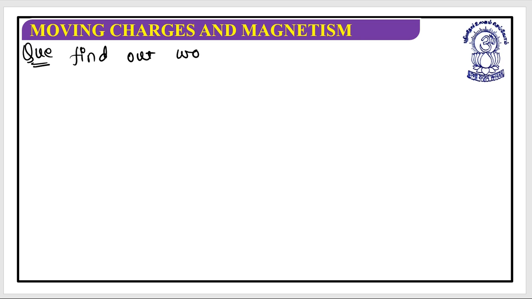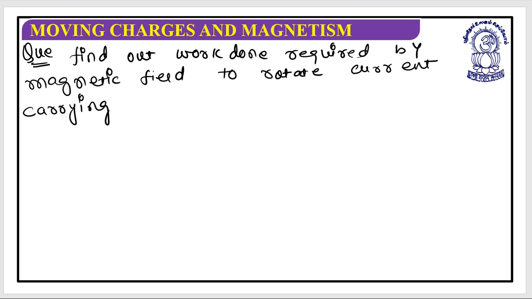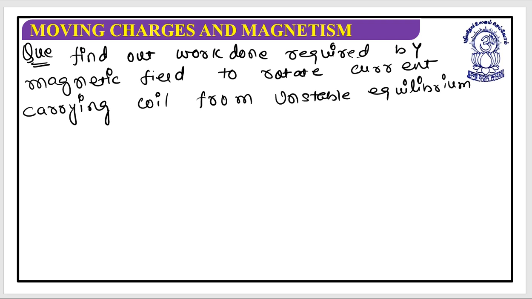Find out the work done required by the magnetic field to rotate a current carrying coil from unstable equilibrium to stable equilibrium.